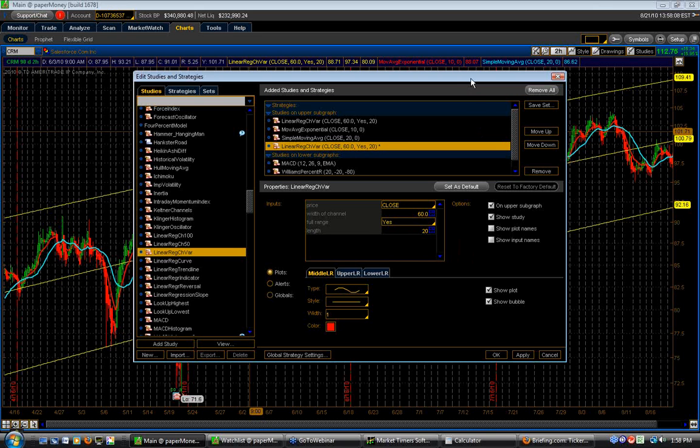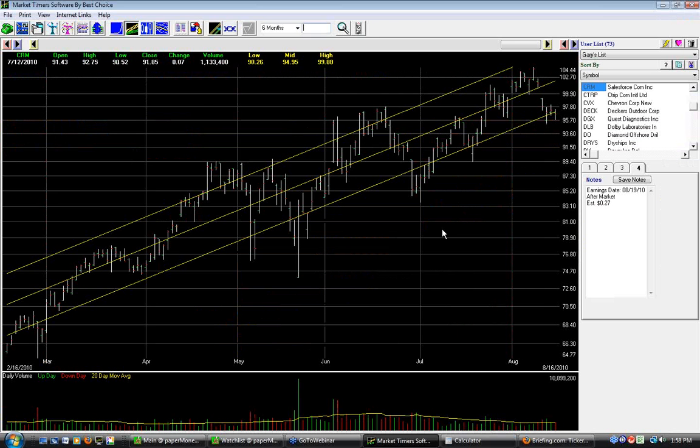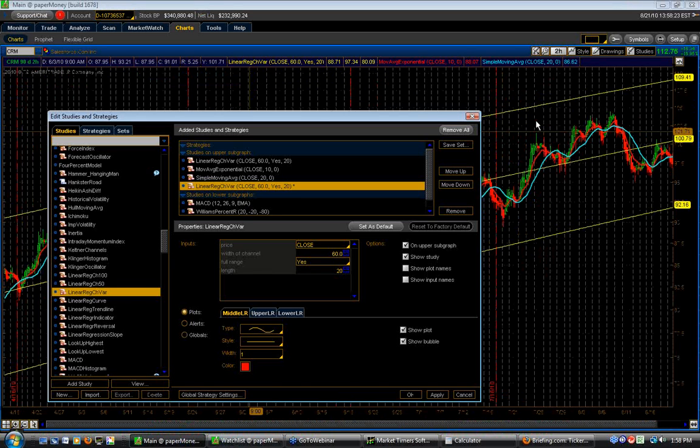Now, I've tried to hardwire my brain to where any colors that I see are almost identical, if not identical, to what I see on Best Choice. Black background, three yellow lines.